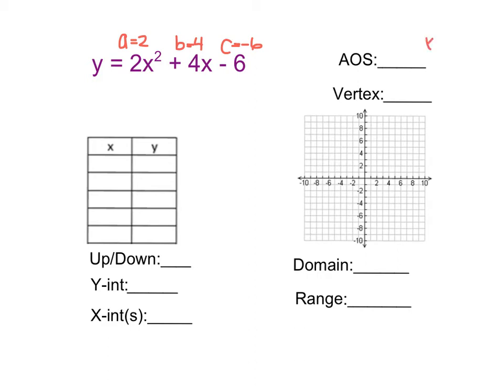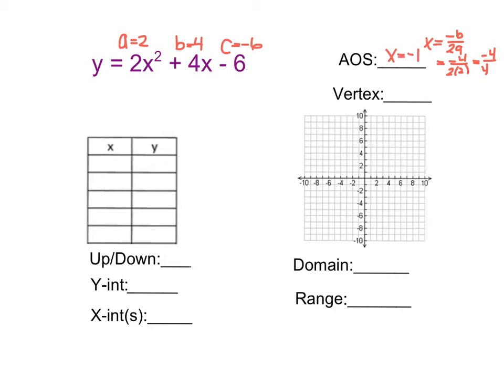So I start with x is equal to negative b over 2 times a. So here I have a negative 4 over 2 times 2, which is negative 4 over 4, or x is equal to negative 1.